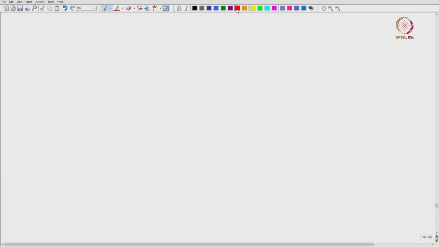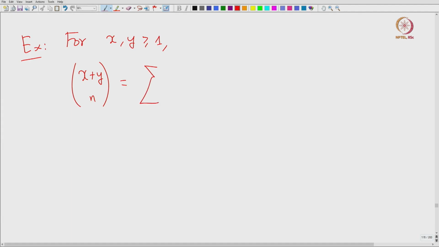One can also prove, for x and y non-negative integers, that if we take x + y choose n, and I am using the variables x and y because this identity is also true at the level of variables, but we have not defined what x choose k is, but for x and y non-negative integers we know what x + y choose n means, and using that you can see that x + y choose n is exactly given by the sum over k from 0 to n of x choose k times y choose n minus k.